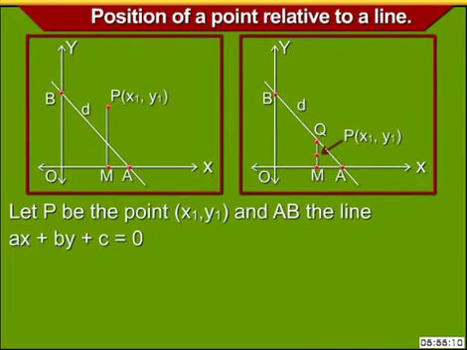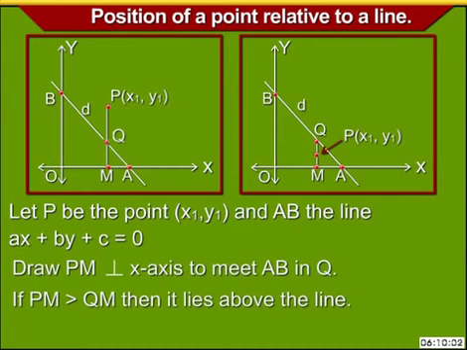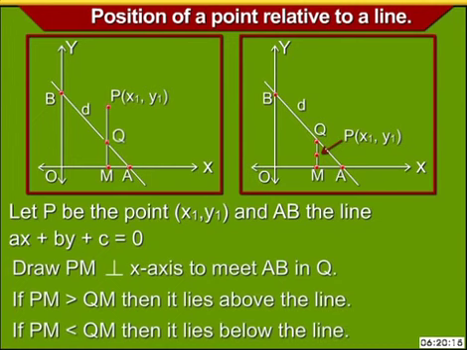Let us now look how to find the position of a point relative to a line. Let P be the given point having coordinates x1, y1 and AB be the given line with equation ax plus by plus c equal to 0. First, draw PM perpendicular to x-axis to meet AB in point Q. If PM is greater than QM, then it lies above the line.